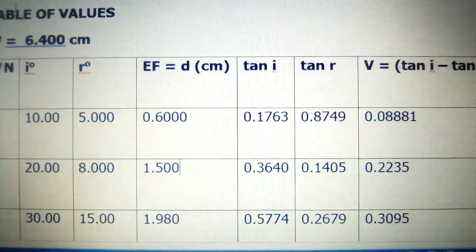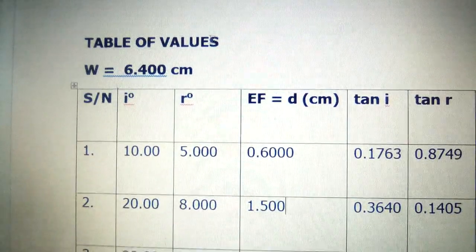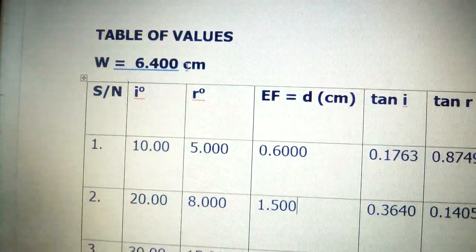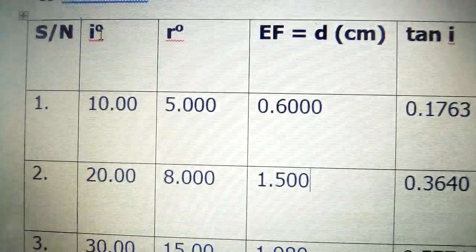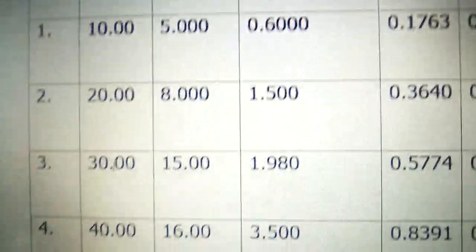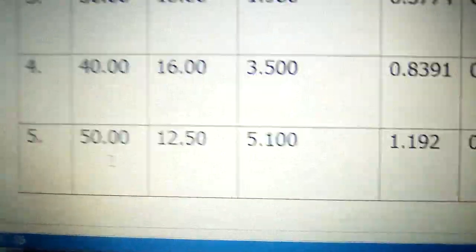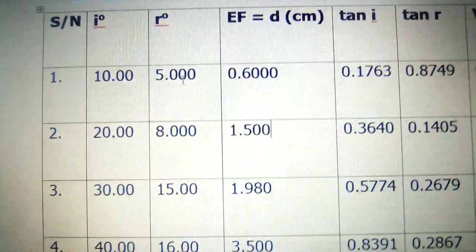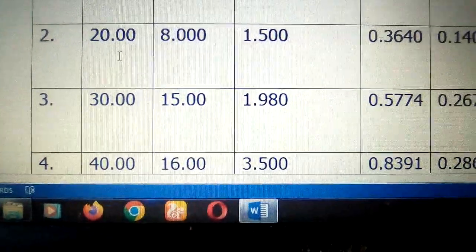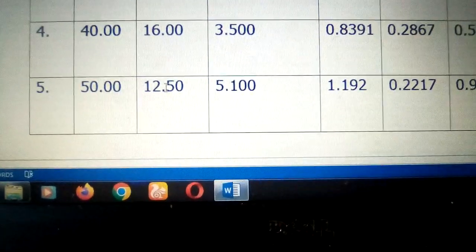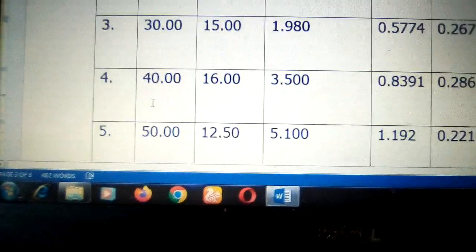So this is the table of results we have, the compilation. The width of the prism we got is 6.40 cm. Then this is the angle of incidence: 10, 20, 30, 40, and 50 as we did in the experiment. The angle of refraction measured 5 for 10 degrees, 8 for 20 degrees, 15 for 30 degrees, 16 for 40 degrees, and 12.5 for 50 degrees.